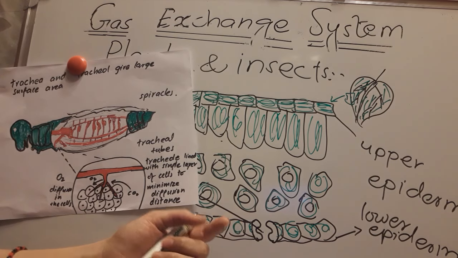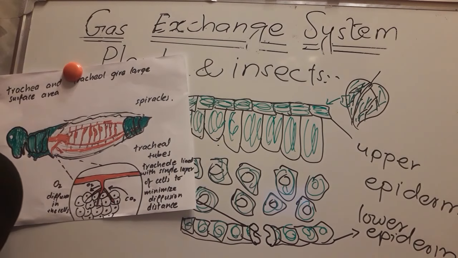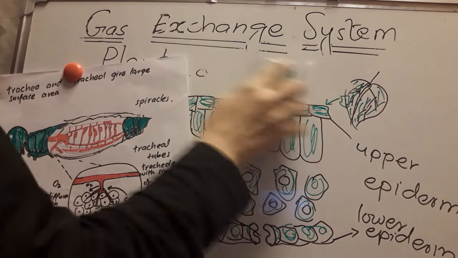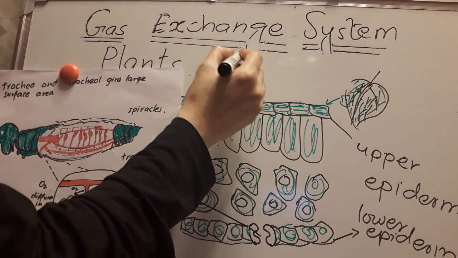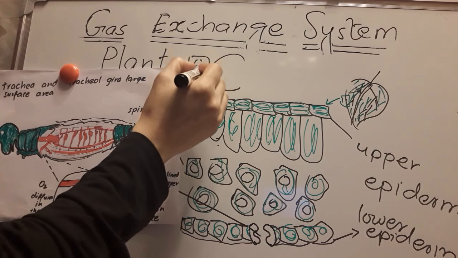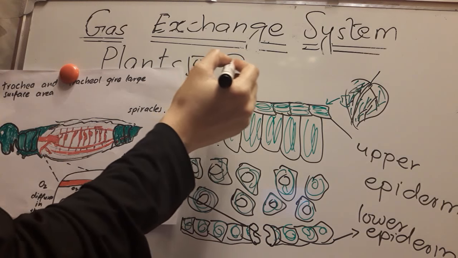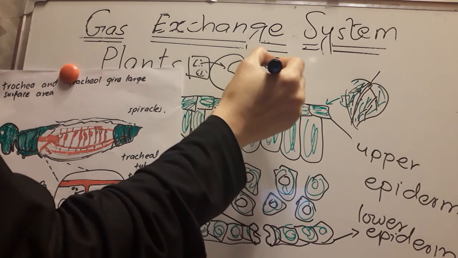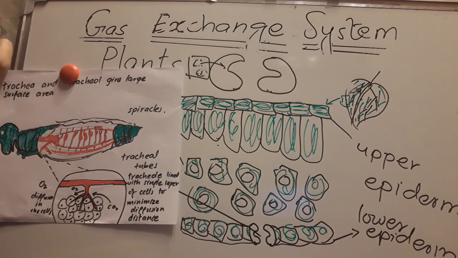So water from the surrounding cells enters into the guard cells, and these become turgid. These are the guard cells. When these guard cells become turgid, the pore is opened.